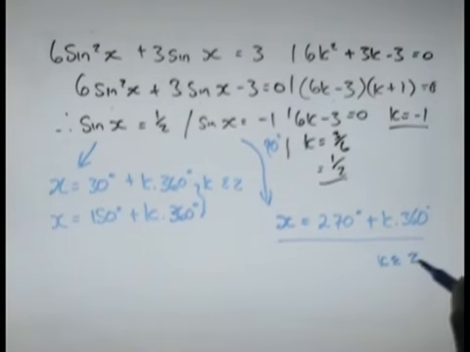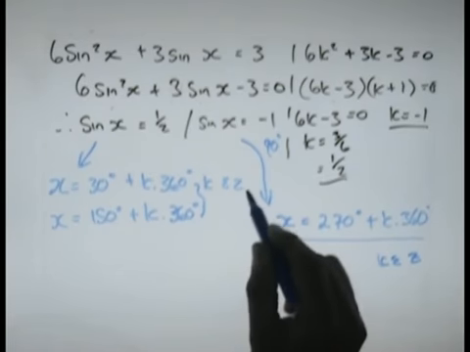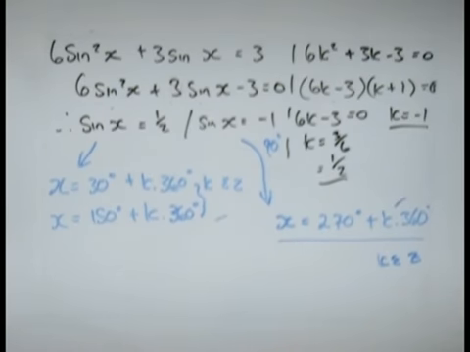With k being an element of integers, that means that we've got 1, 2, 3 possible solutions. X could be 30 degrees plus k times 360, or 150 degrees plus k times 360, or 270 degrees plus k times 360. And that brings us to the end of the fifth trigonometric tutorial.